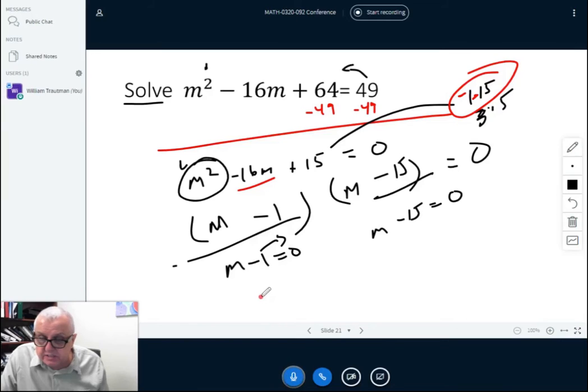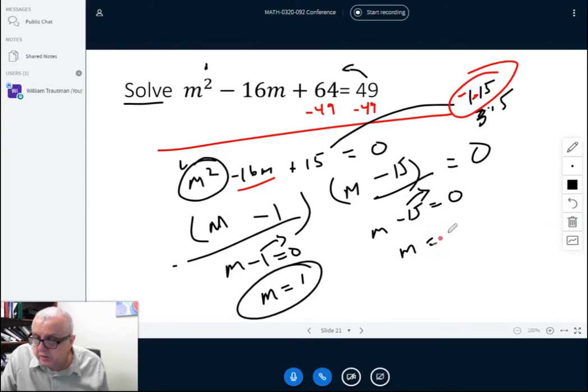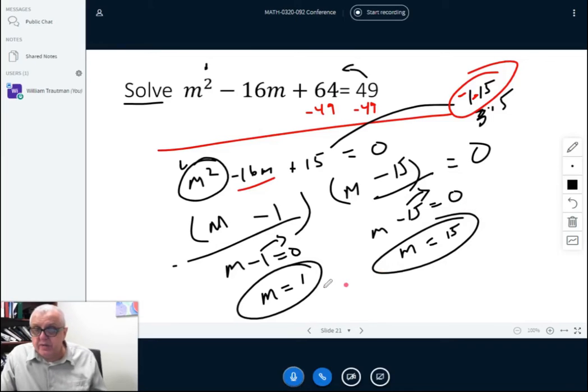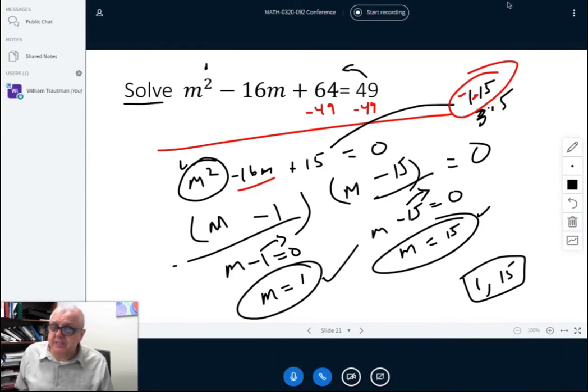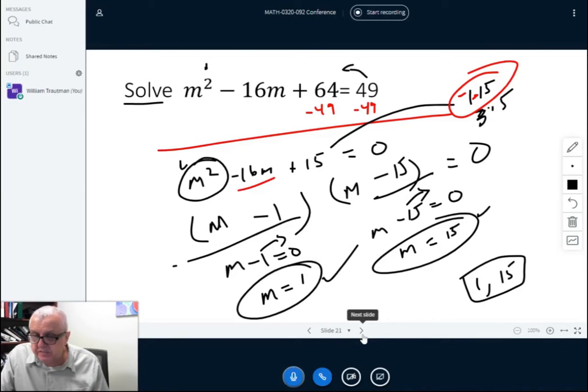Get the 1 to the other side by adding 1, get the 15 to the other side by adding 15, and we have our two answers, 1 and 15. So solving with an m squared, get everything to its side and then factor if it needs to be factored. If it's an m squared, it needs to be factored.